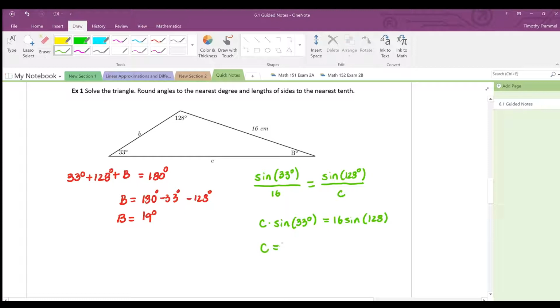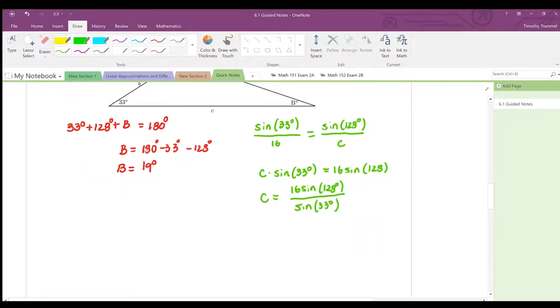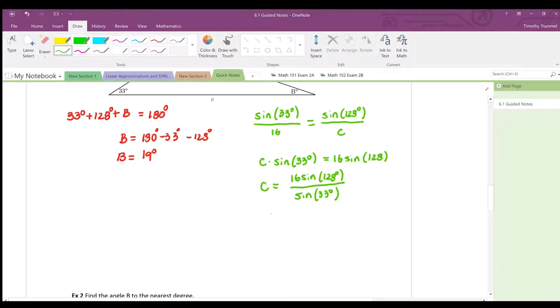And so this gives us C is equal to 16 sine of 128 all over sine of 33 degrees. And just make sure your calculator is in degree mode, and go ahead and type this in, and we should be getting approximately, right, we want to round this to the nearest tenth, so 23.1, and our units were centimeters.